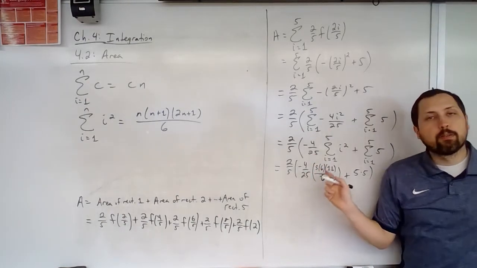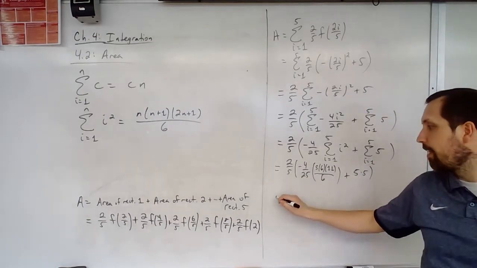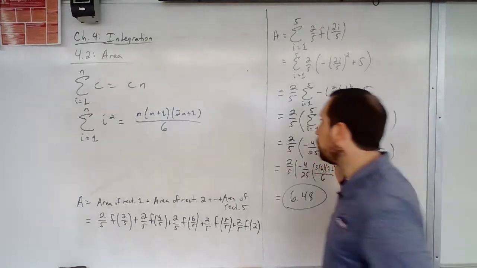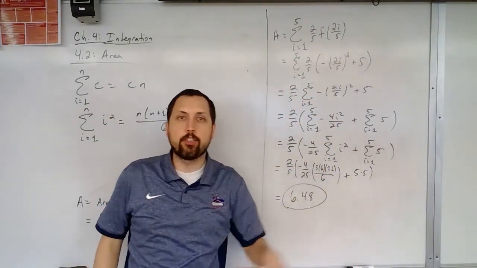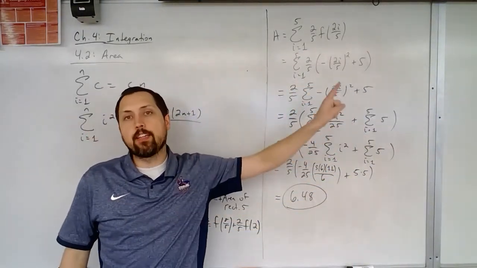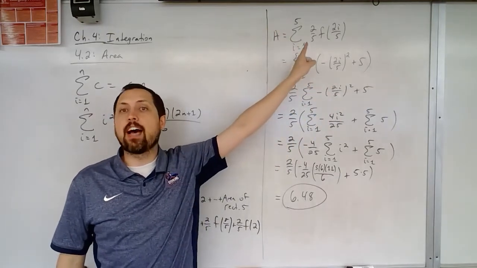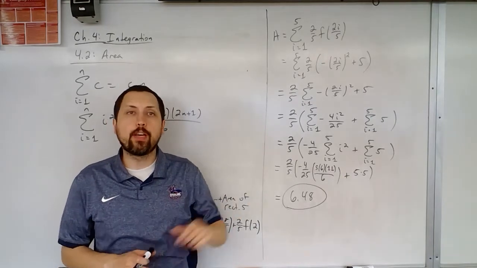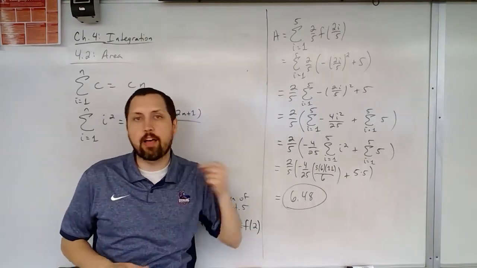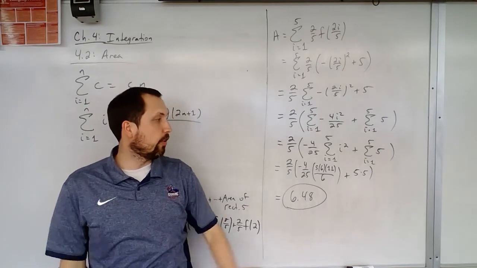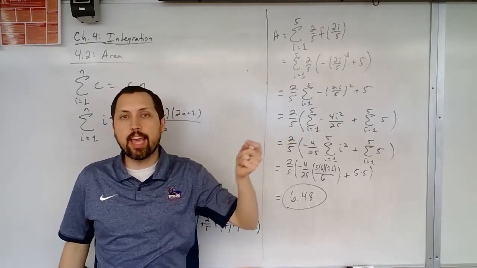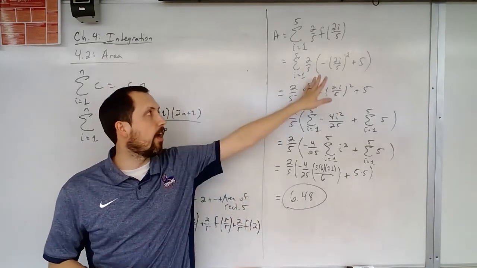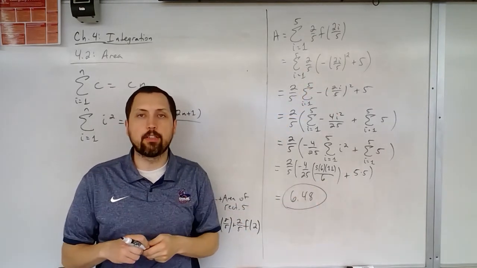So now you just multiply, these are just a whole bunch of numbers, you add this, and I think this ends up being roughly 6.48. So we can do this using sigma notation. The benefit of this is that if we wanted to say, what if it's not 5 rectangles? What if this is instead 10 rectangles? We could make some small adjustments and be able to evaluate that fairly easily. So this is what it looks like if we look at the right endpoints using sigma notation to get the sum as an approximation of the area.